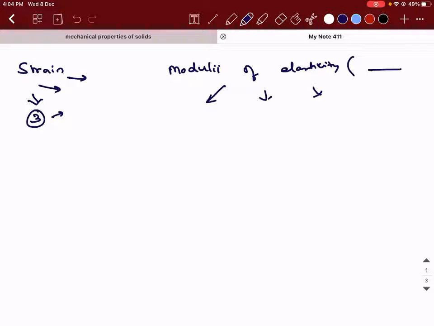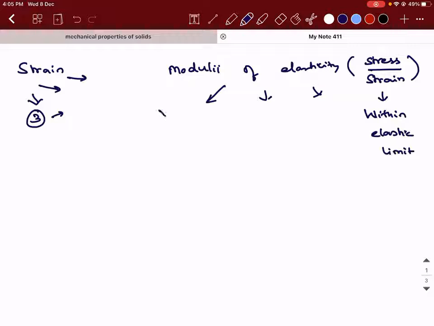It is a ratio of stress and strain. Under what conditions? Within the elastic limit. Yeah, you should never forget that. So within the elastic limit, the stress is directly proportional to strain.